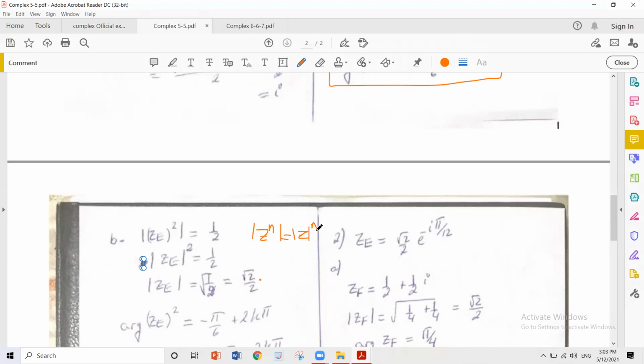So modulus of z squared equals modulus of z, all of it squared.